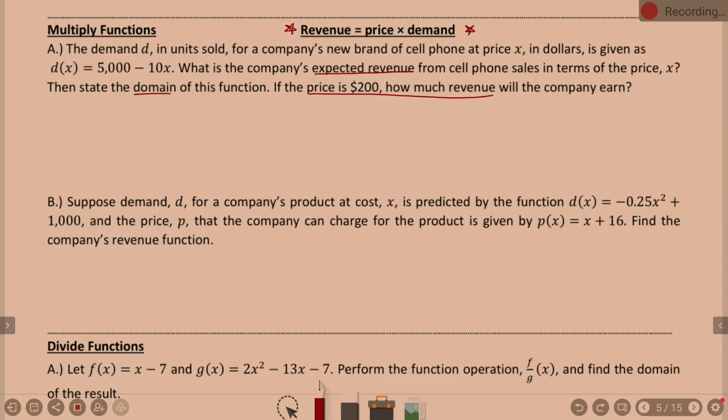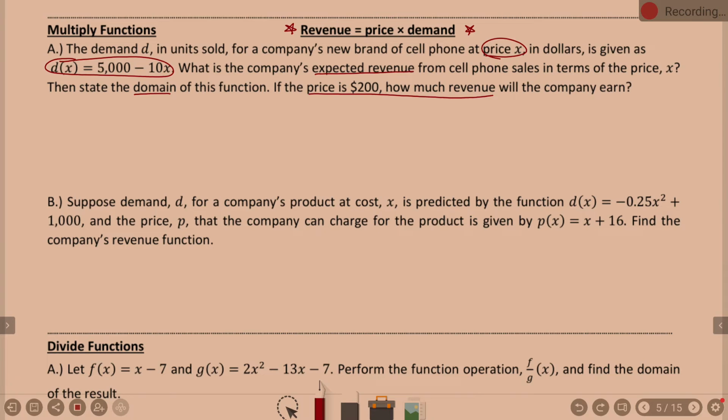Okay, demand is D of X, which is 5,000 minus 10X, right? So demand is a given function. What about price? Were we given price information? Yeah, it's there if you read. Price X, yes? So demand is D, which we're given a function, and price is X.